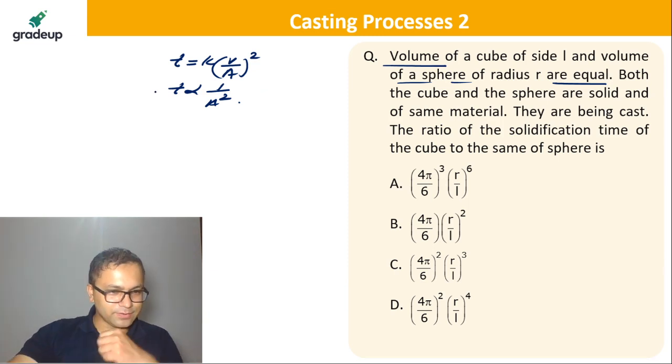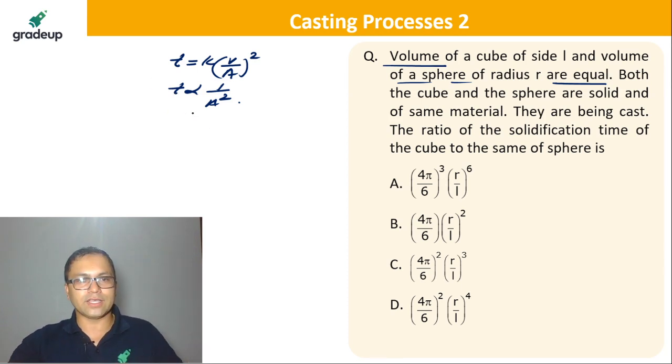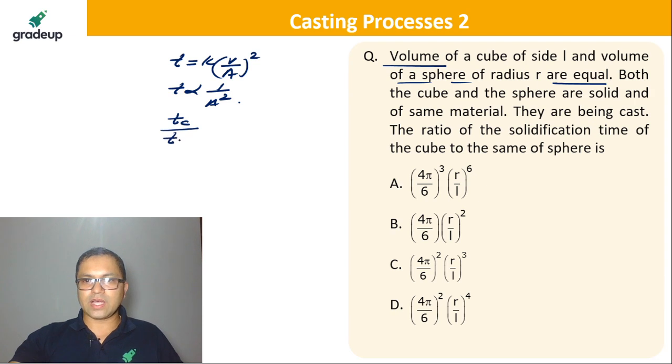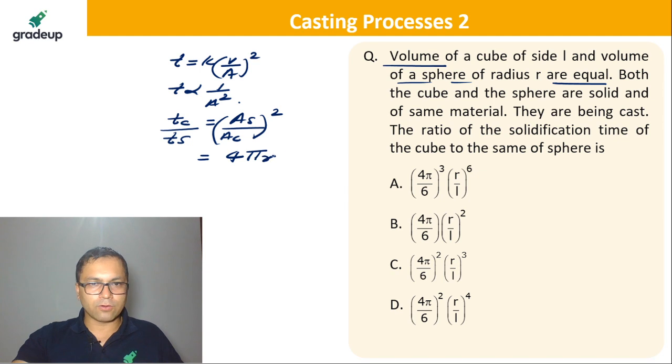Satish also says it's a D. Then this is the formula here: T is inversely proportional to A square. So the time taken by the cube to the time taken by the sphere is the area of the sphere upon the area of the cube, whole square. The area of the sphere is 4 pi r square. What is the area of the cube?